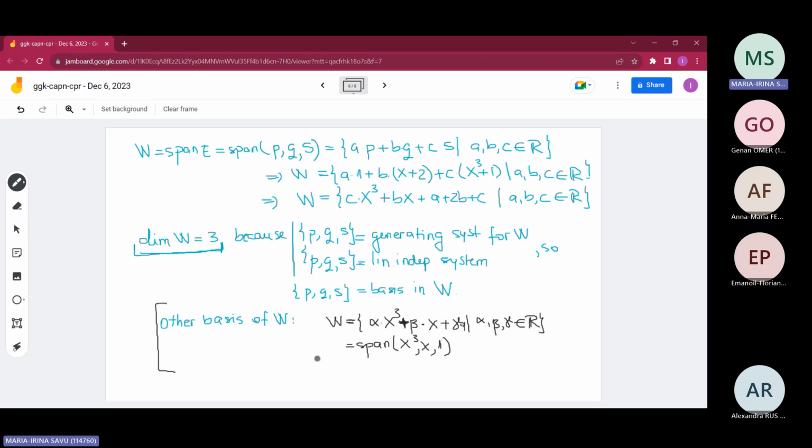And because x cubed, x, and 1 are linearly independent, you have that x cubed, x, and 1 is a basis of W. Okay, this is another basis.